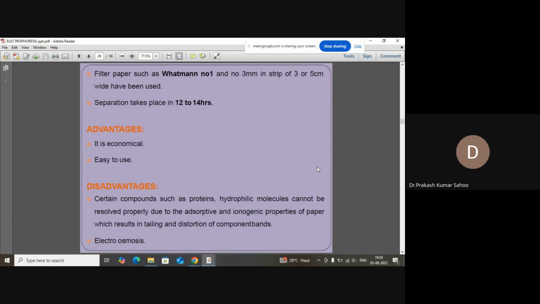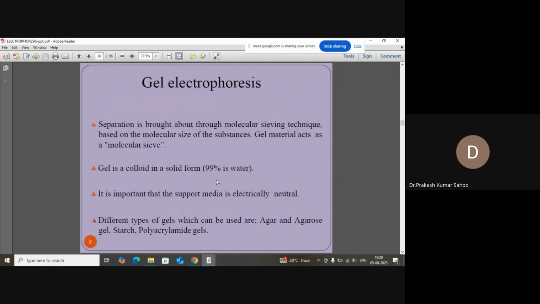Filter paper Whatman 1 may be used with a strip size of 3 mm by 5 centimeters long. Separation takes place in 12 to 14 hours. It is economical and easy to use, but the disadvantage is that macromolecules like proteins and hydrophilic molecules cannot be resolved properly due to the adsorptive and ionogenic property of paper. Then electroosmosis.